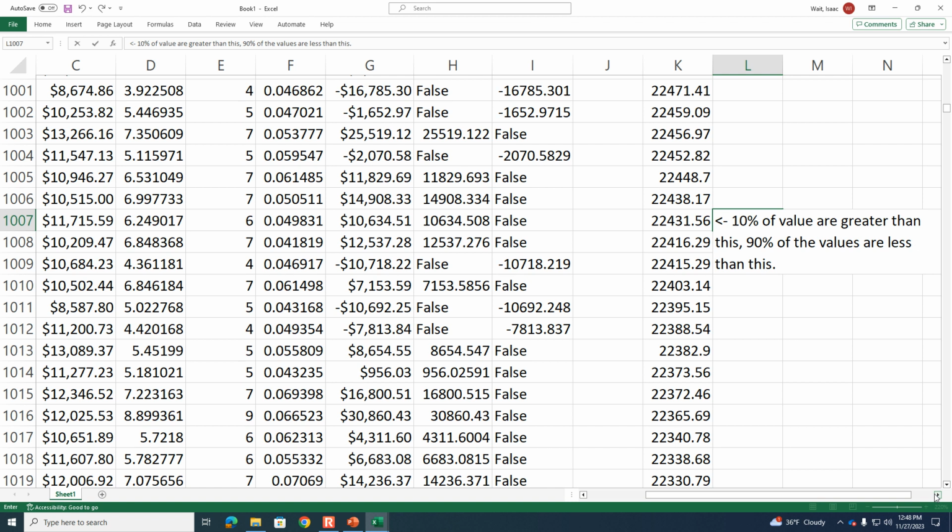So if your CEO was saying, we really need to make $22,400 on this business opportunity, you could say, well, there's a 90% chance that we won't, just based on the likely costs, the likely revenue, useful lives, and so on. So this allows you to put some bounds around certain probabilities.